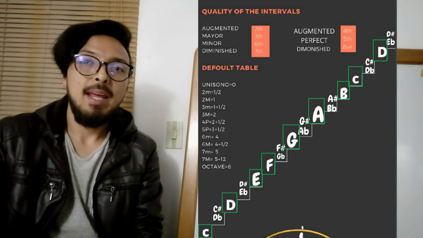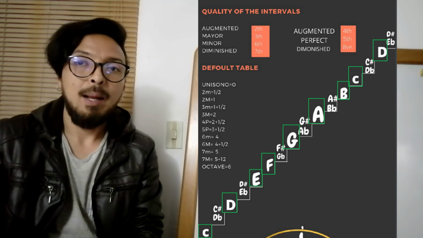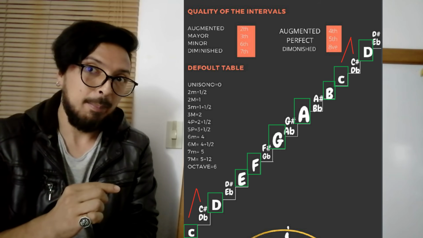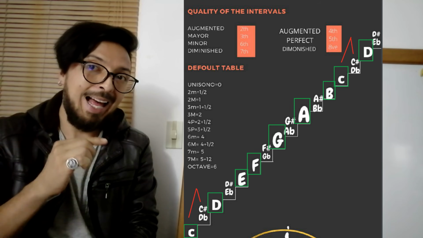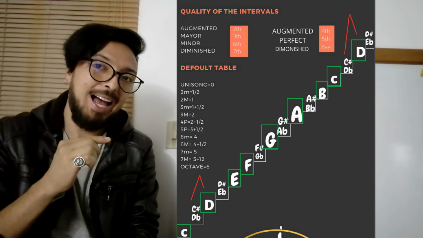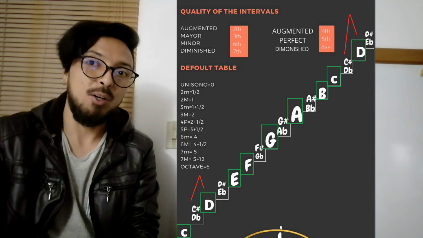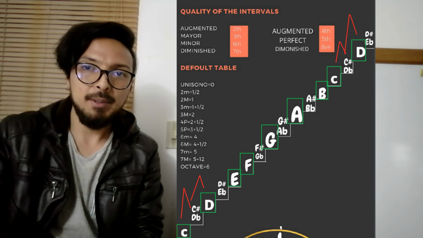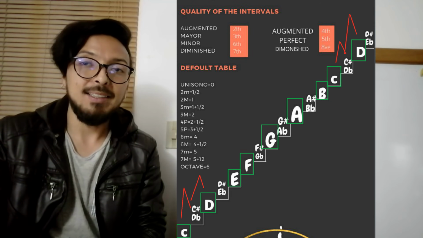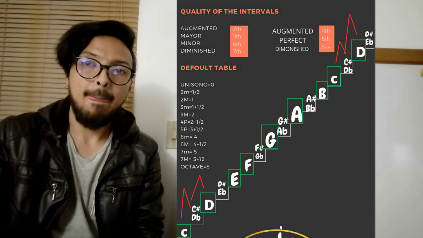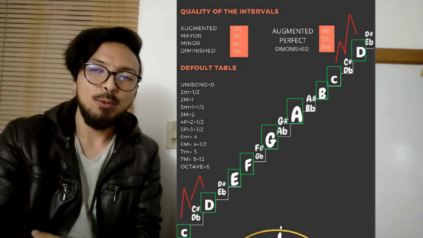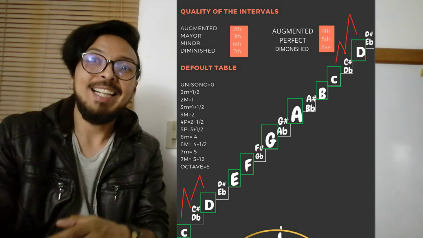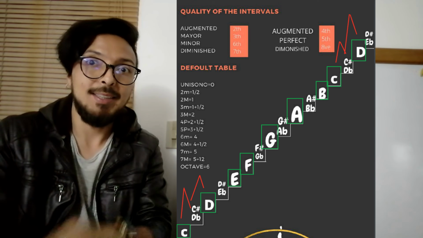For example, if you see on the ladder between C and C sharp, there is a half step, and between C sharp and D, there is another half step. We can say that there are two half steps or there is a whole step. That's the way that we are going to count our intervals to be able to find the proper quality that we are looking for.